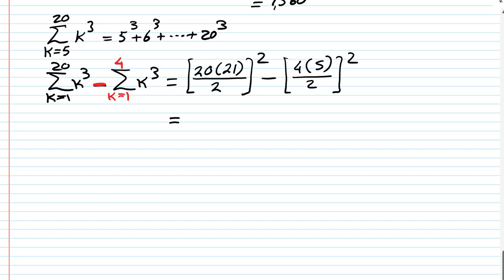Now 20 times 21 squared, 20 by 2 is 10, 10 times 21 is 210, 210 squared is 44,100. 4 times 5, 20 by 2, 10, 10 squared is 100, so I'm going to subtract 100 from it, and the answer is going to be 44,000. And there you have it. See how that works?